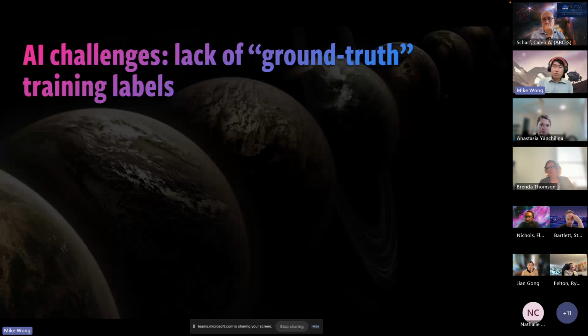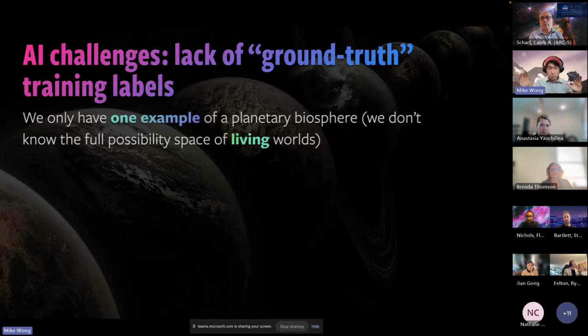So what challenges await us at the intersection of AI, exoplanets, and astrobiology? The biggest is our lack of ground truth training labels for the data that we have. We only have one example of a planetary biosphere, and that's Earth. In other words, we don't know the full possibility space of living worlds.